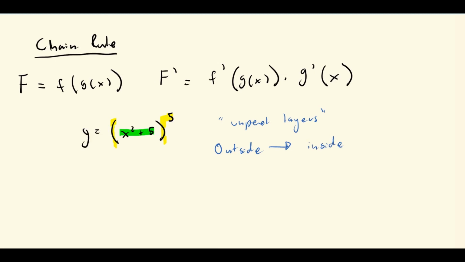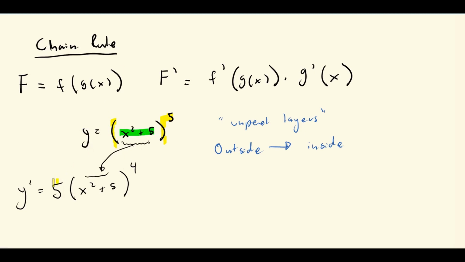So when we take the derivative, y prime is going to equal, we're going to use the power rule, bring the 5 down, so we get 5 times x squared plus 5 to the 4th power. What we did is we took the derivative of the outside function, the 5th power. We're ignoring the inside for now, and we're just keeping it the same.